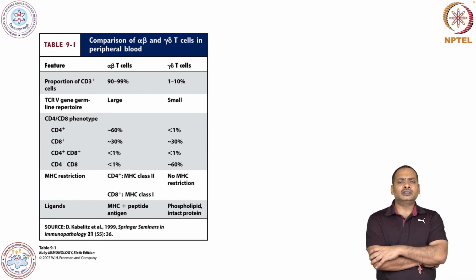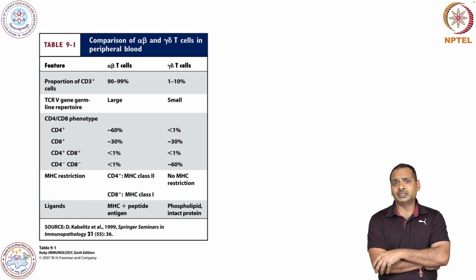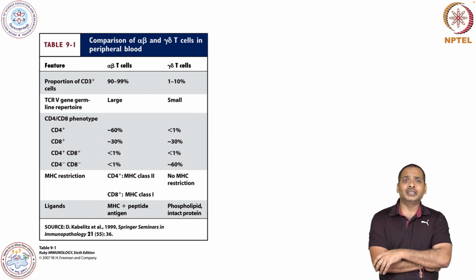Now, as I told you, there are two kinds of T cells: alpha beta T cells and gamma delta T cells.